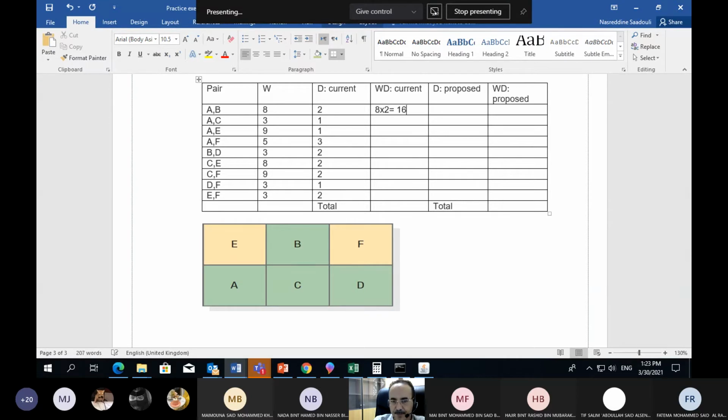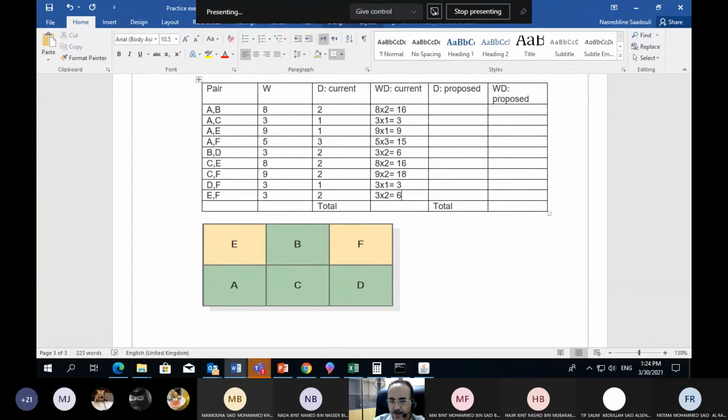So 8 times 2, 3 times 1, 3 times 1, 9 times 1, 5 times 3, W times D, 3 times 2, 8 times 2, 9 times 2, which is 18, 3 times 1, and finally 3 times 2, which is 6.